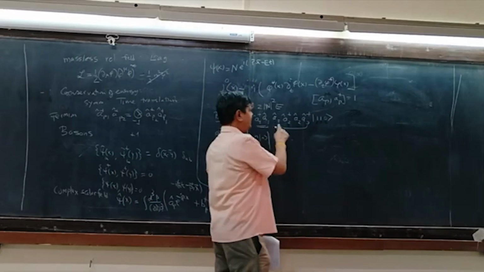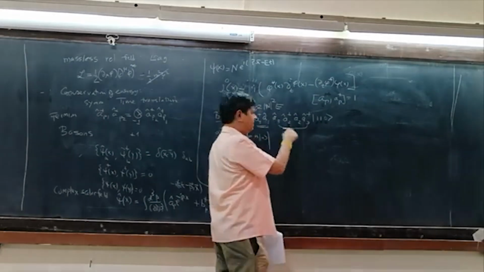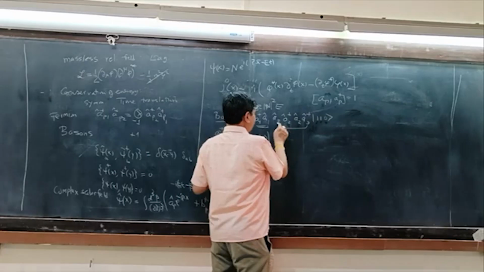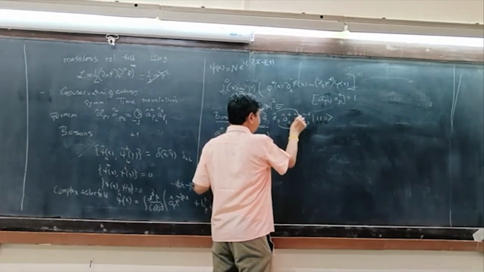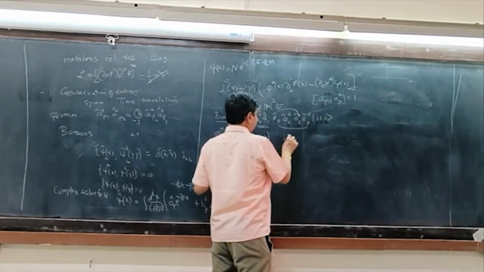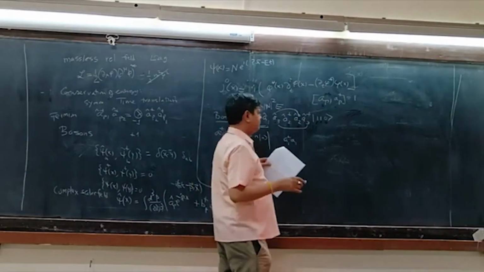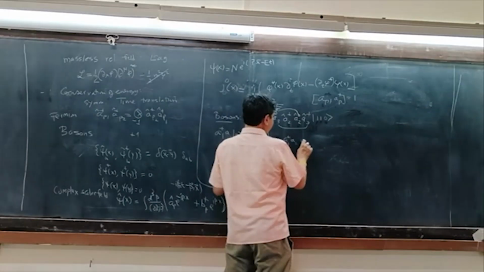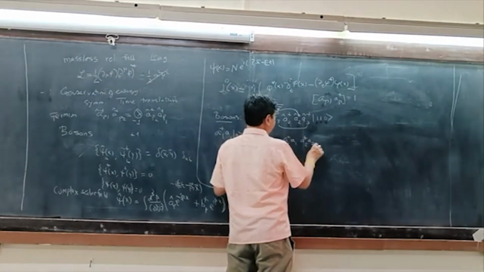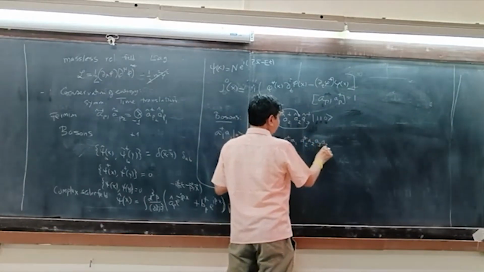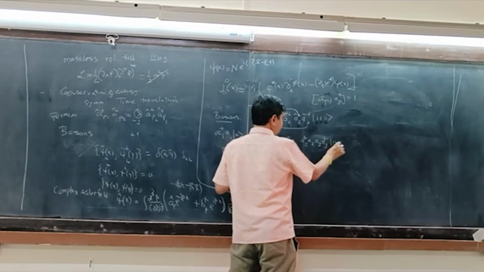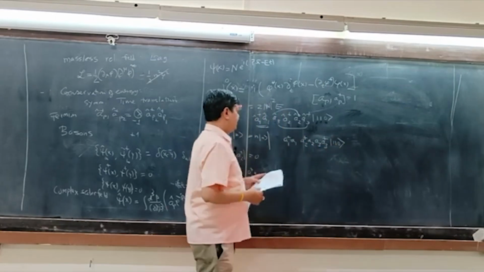Keep moving it, it doesn't matter. You can move bosons of different momenta wherever you like. So I'm going to bring A3 here, because shifting doesn't change any sign. So that is A2 dagger A2 A3 A3 dagger acting on 1, 1, 0.